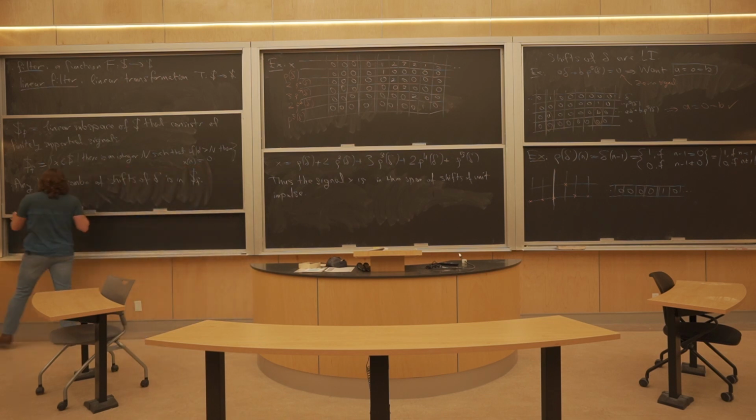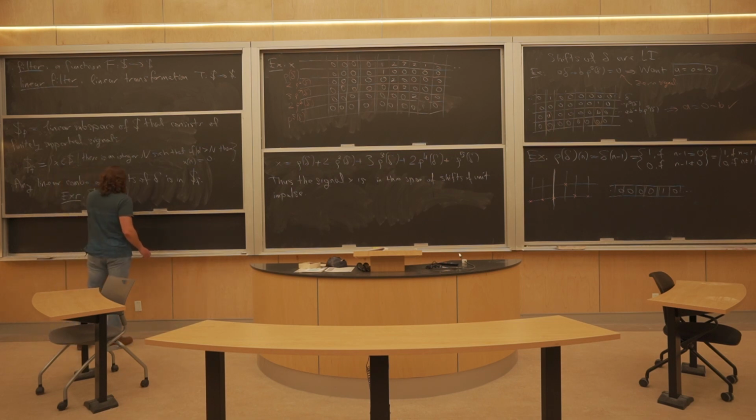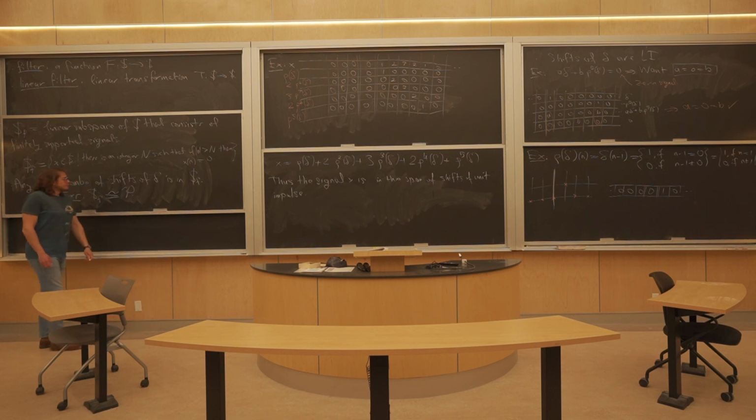And in fact, let me also leave this as an exercise. This is perhaps slightly too abstract for this class, but it's a good exercise if you want to think about this. S sub f as a vector space is isomorphic to the space of polynomials. Okay?